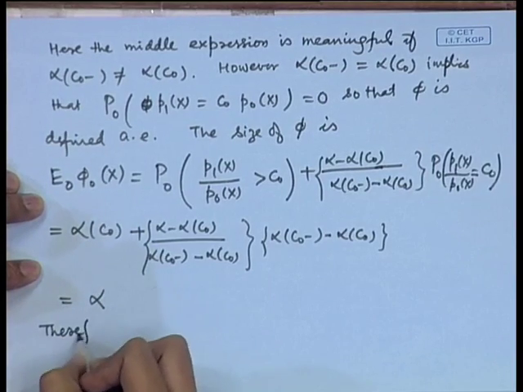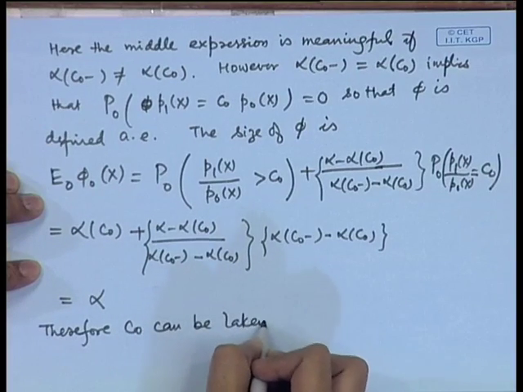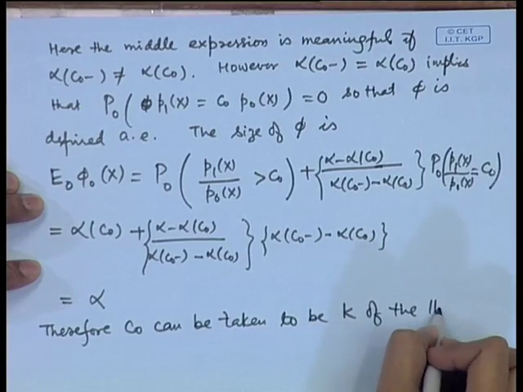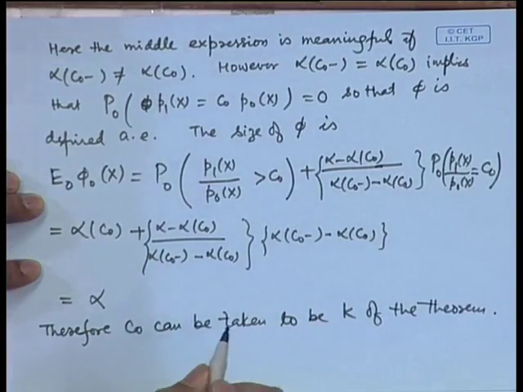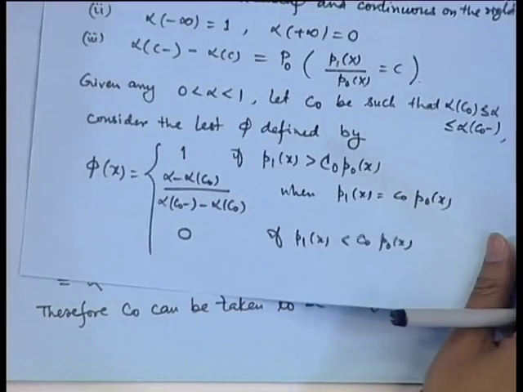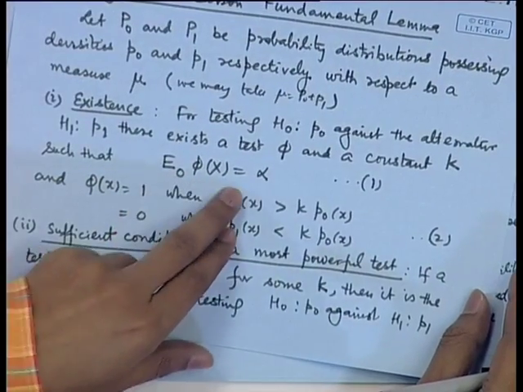Therefore, C naught can be taken to be K of the theorem. So, this proves the existence part of the theorem, because we have exhibited that there exists a test which has size equal to alpha of a given type, because we fix the type also here in the existence part, that there exists a test of this type.